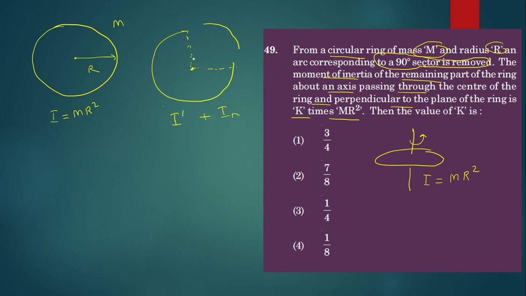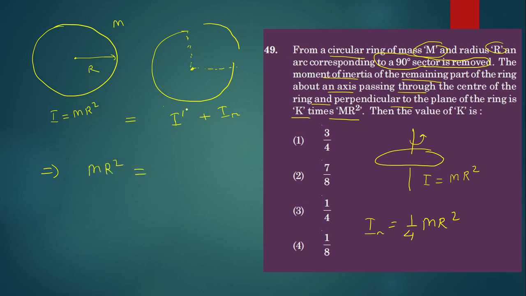When we add the moment of inertia of the remaining portion and the removed portion, it should give us the total moment of inertia. Now, what should be the moment of inertia of the removed portion? The removed portion is 1/4. Therefore, its moment of inertia will be 1/4 times the total moment of inertia, because moment of inertia is a scalar quantity.